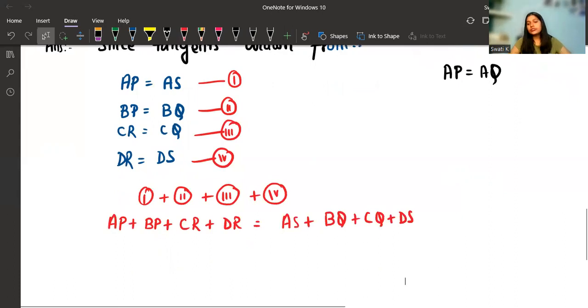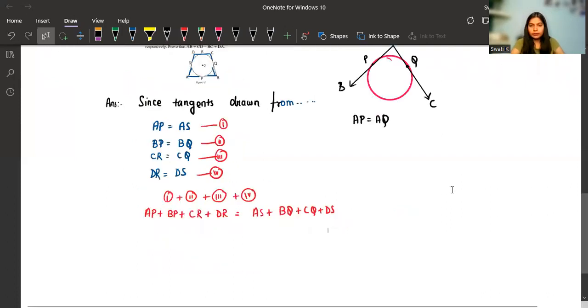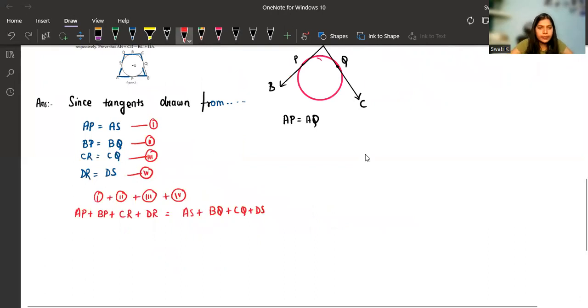Now just check what is AP plus BP. If you just look at the picture, this is AP and this is BP, right? If I just add this, is it not AB? Yes, it is AB. Now next is CR plus DR. Can you see CR plus DR is nothing but CD?